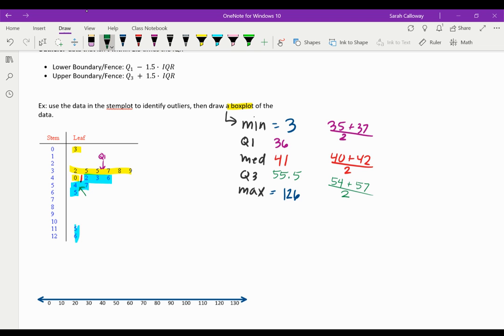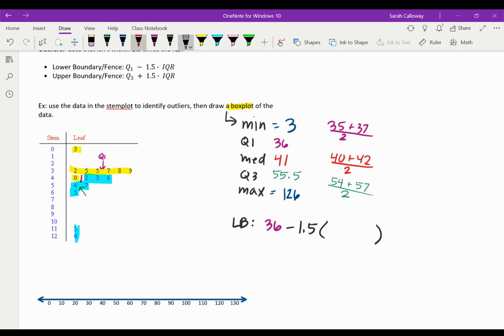We can use this to identify the upper fence and the lower fence, or the upper boundary and the lower boundary. For the lower boundary, I'm looking at Q1, which is 36, and I'm going to subtract 1.5 times the IQR.